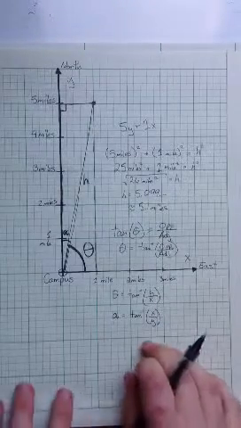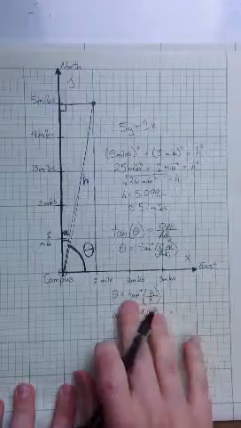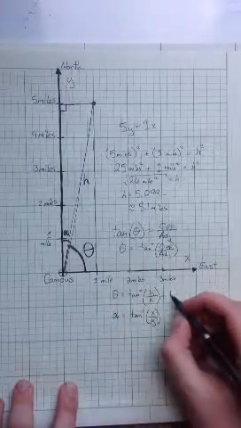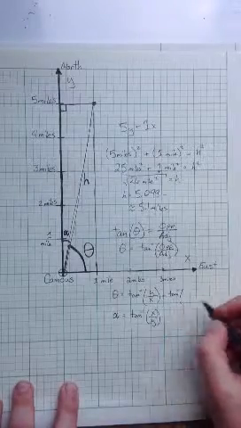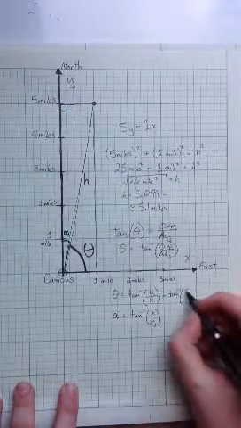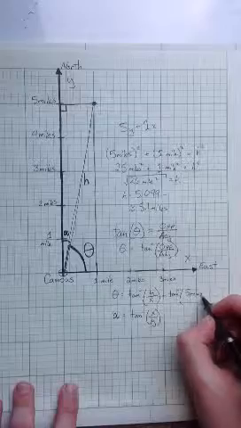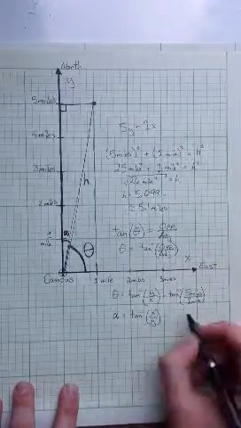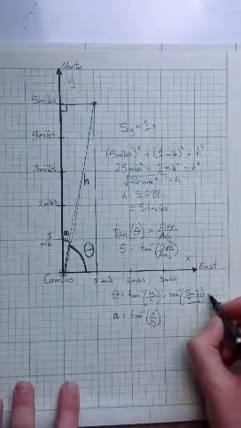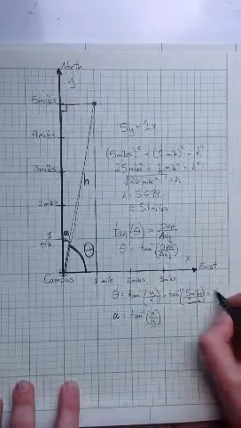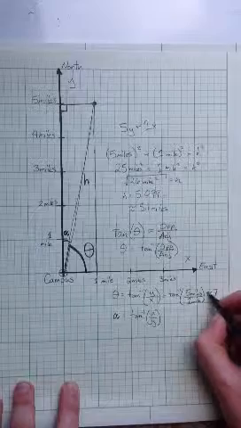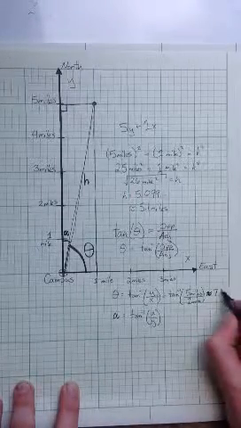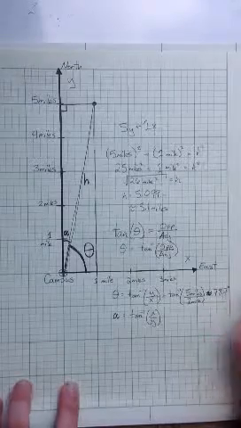So if we have theta is equal to the inverse tangent of y over x, that's just the inverse tangent of 5 miles over 1 mile. Okay? And that's going to come out to be about 78.7 degrees.